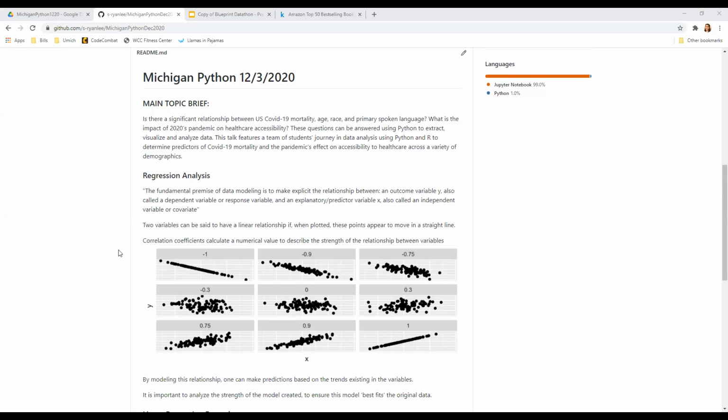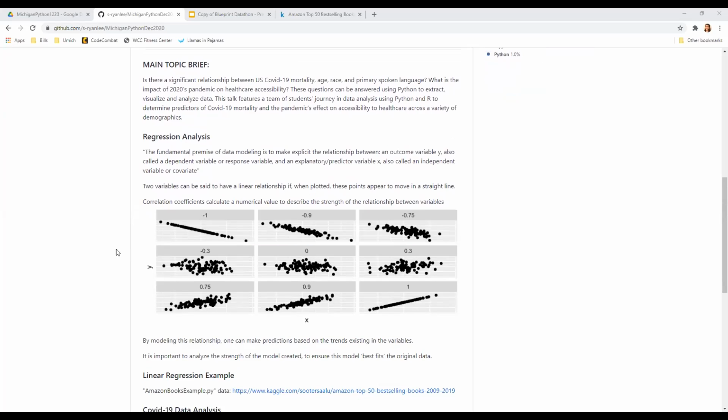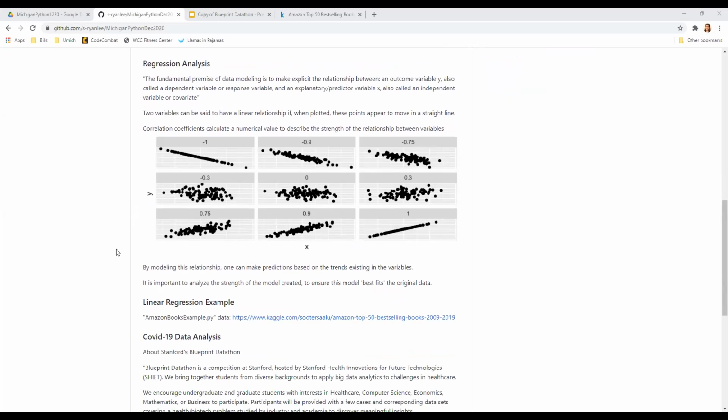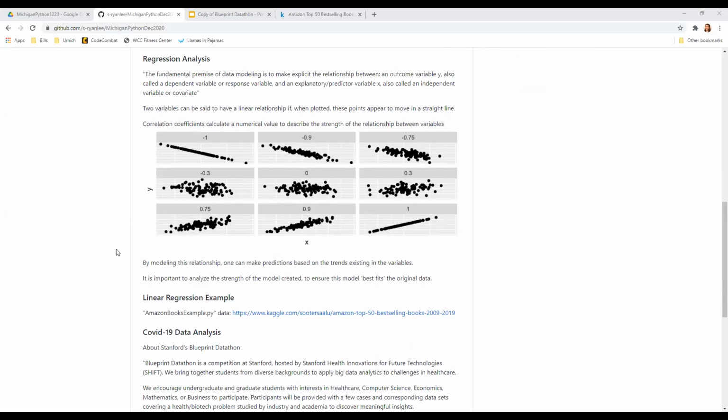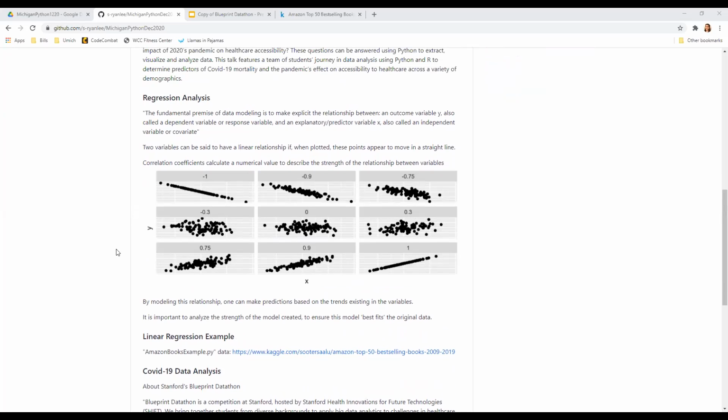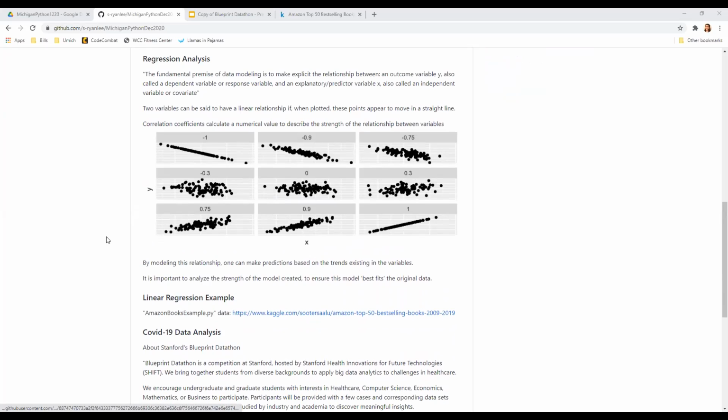To begin with, I will touch a little bit on regression analysis in general. Basically, it's a pretty basic way of modeling and making predictions of relationships between two variables. And I have a nice diagram here that just shows correlation coefficients, which provide a numerical value to describe the strength of a relationship between two different variables.